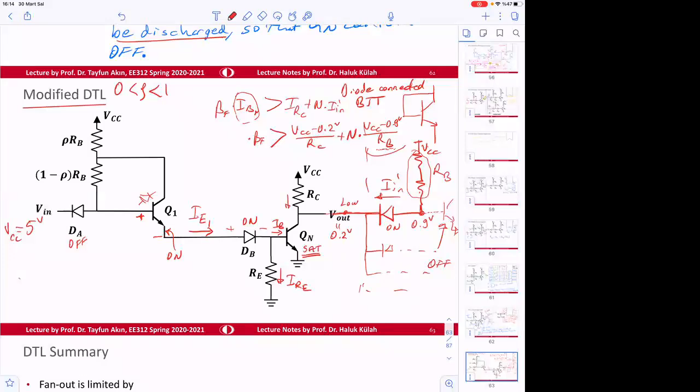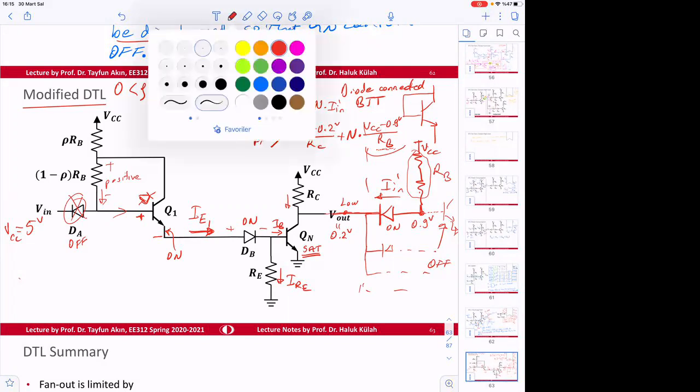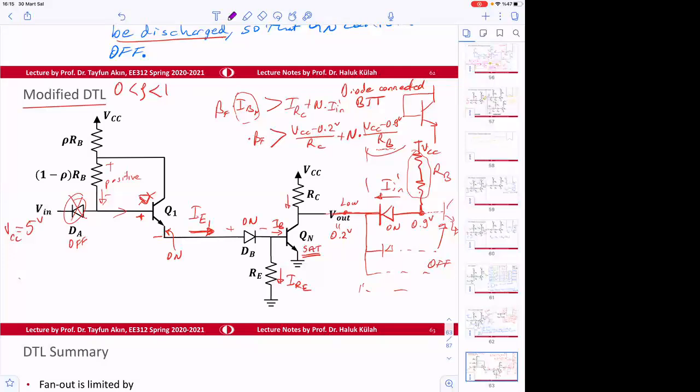But what about this junction? Now, if there is an IE current in this direction, some of that current will come from here, and this is off, so it should be coming from here. That means there is a positive voltage here. So that means this junction should be off.